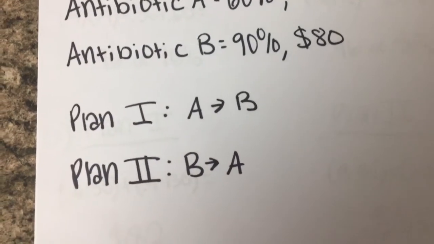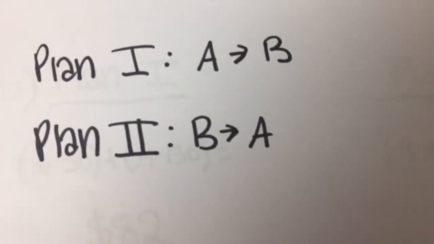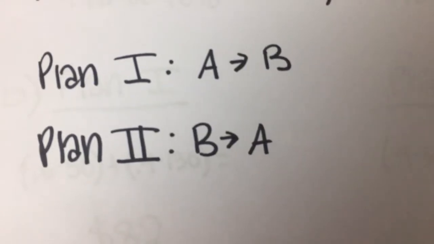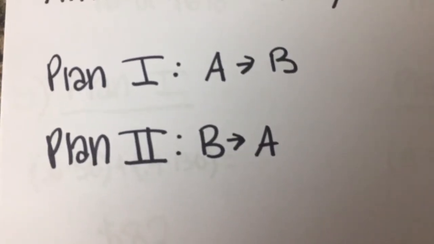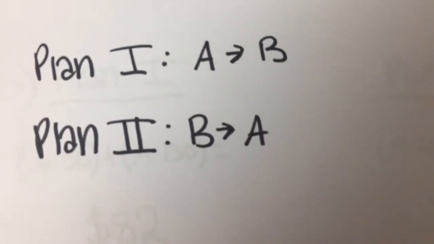So, the two different plans that were proposed in this problem were Plan 1 and Plan 2. Plan 1 wanted to try antibiotic A, and if that didn't work, they would switch to antibiotic B. And then for Plan 2, they would start with B and then switch to A if that did not work.